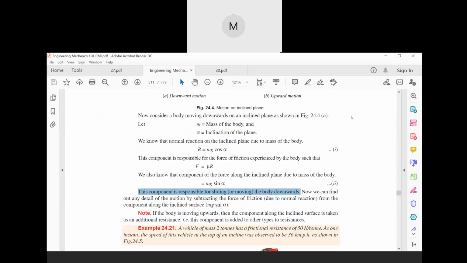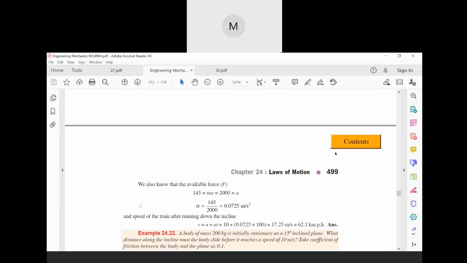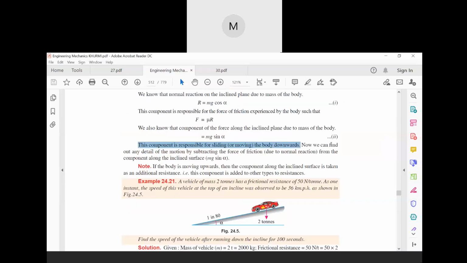Now let us do this numerical. So what is given in the question? Let me copy this question once.